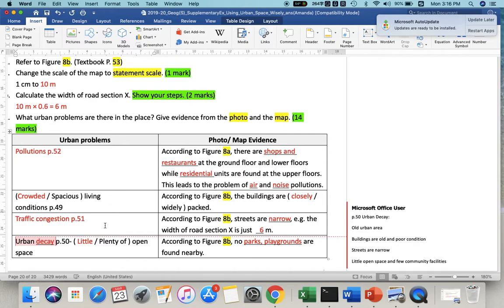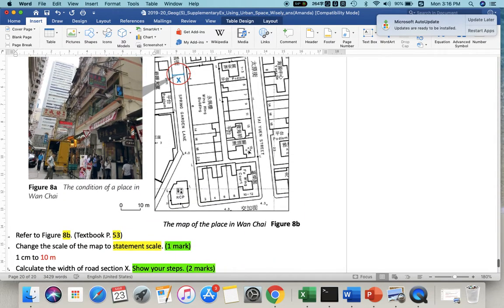So here, all are the urban problems. So when you see the urban problems, please give me back one of these four keywords, and with the relevant photo and map evidence. If the questions ask you to provide some evidence, always refer back to the questions.